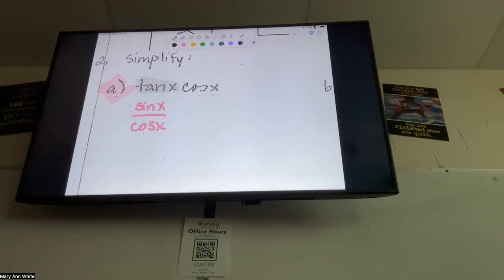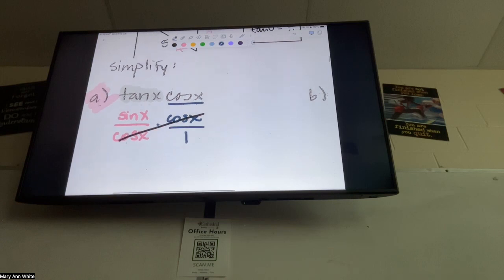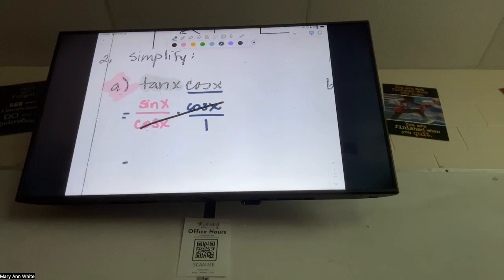And then the cosine x is already written in terms of sine and cosine, so I'm just gonna leave it as cos x. Now, what might help me is, can you make cos x a fraction? It would be cos x over 1. They cancel. Good, so I'm gonna cancel these cosines out, and what am I left with? Sine. Good, that's it.